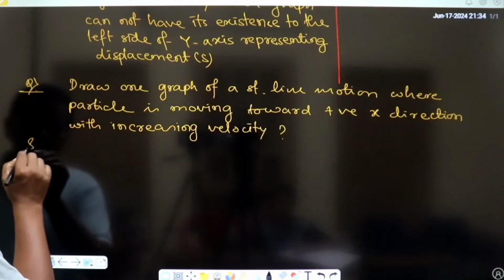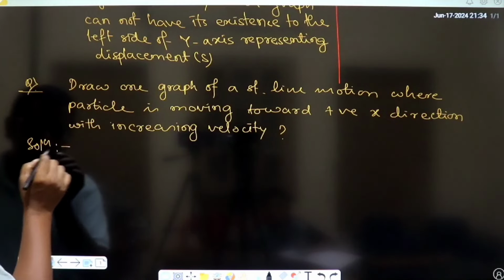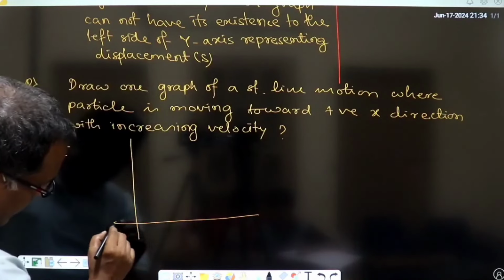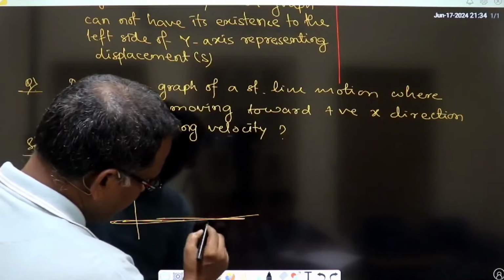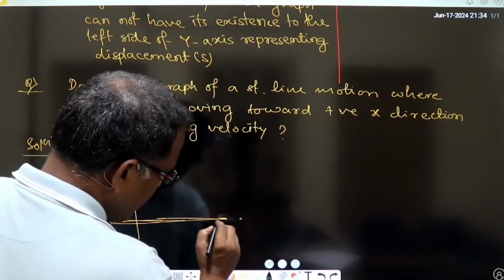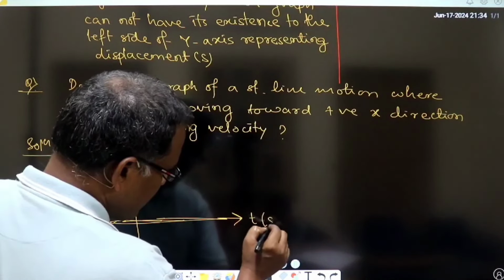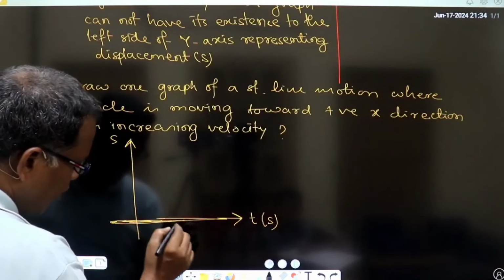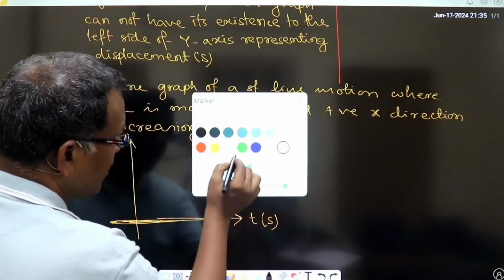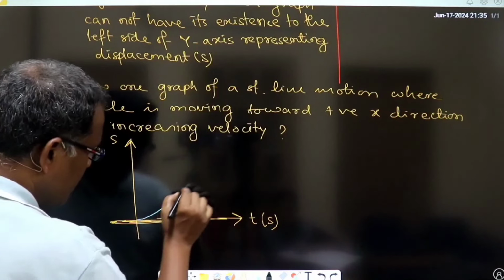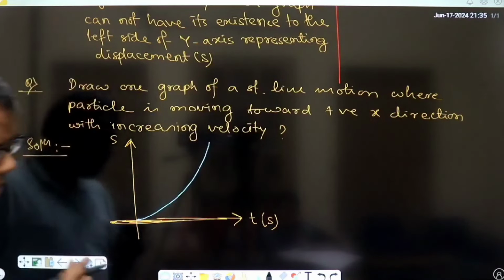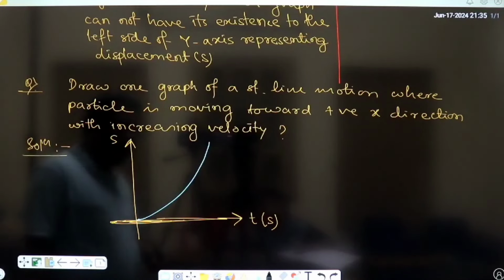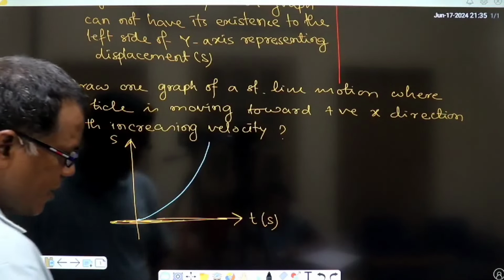Yes, it will be a parabolic curve bending towards the displacement axis. We did this one in our last class. If this is the time axis in seconds and this is the displacement, I can draw a graph like this. This one will be the graph representing the motion of a particle where velocity is continuously increasing.